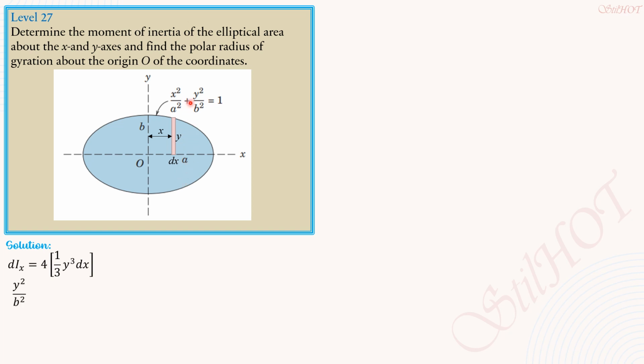So y square over b square equals 1 minus x square over a square from the equation of the ellipse here. If we cross multiply and simplify, we have a square minus x square over a square. So y square is b square over a square, quantity a square minus x square.